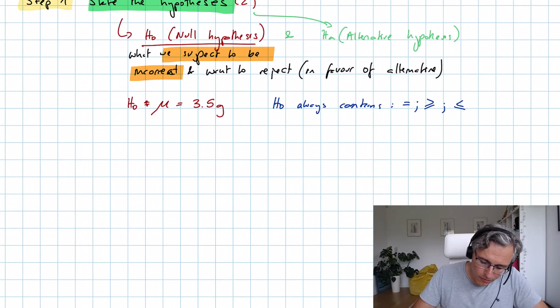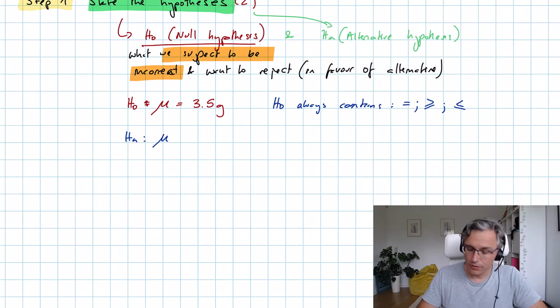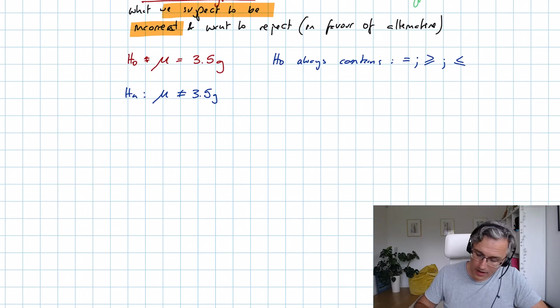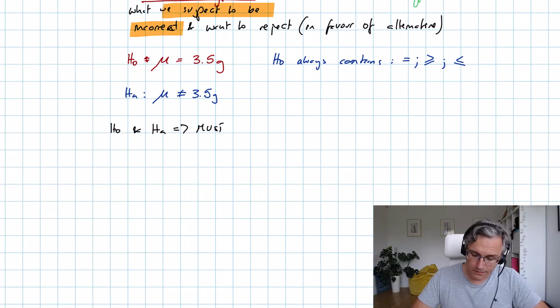Now, the alternative hypothesis in this case is simply that mu is different to 3.5 grams, and the thing to appreciate is that H0 and HA must be mutually exclusive, so that there can't be any overlap between them.